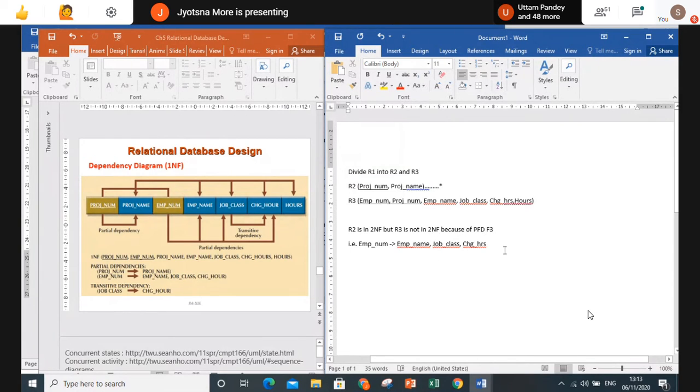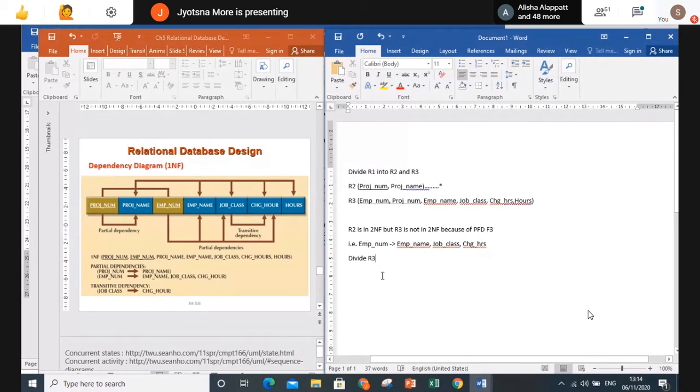So now next write down divide. Therefore divide R3. Now when I am dividing R3, this R3 is not my final now because I am dividing it further, right? So R3 I am going to divide.